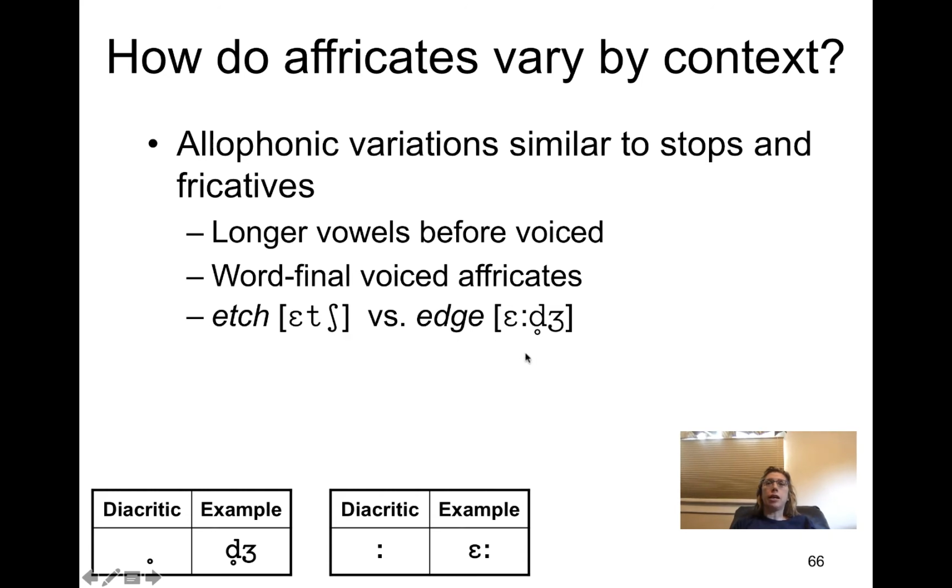When we say I jumped off the edge, we're not going to say I jumped off the etch. So we're somewhere in between. We might have some partial devoicing, but we're not going to have the full devoicing, right? But again, in general, those obstruents vary very similarly across their contexts.